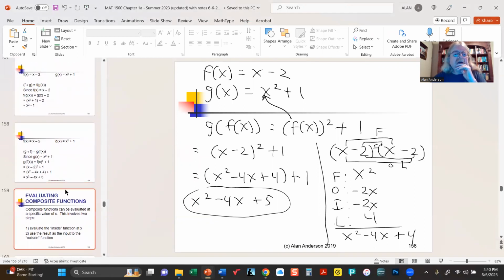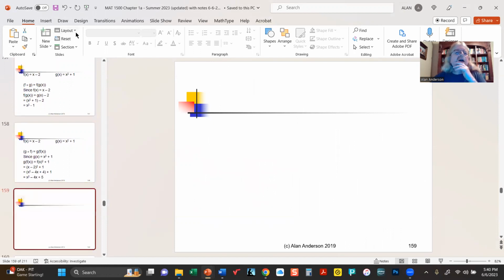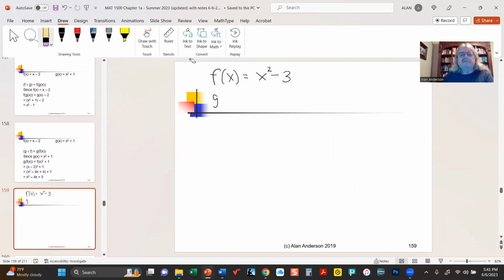So I'll tell you what, just because we could probably stand some practice, let me make up a couple more just so you can see. Let's just say that f of x is x squared minus 3x plus 4. And you know what? Let's make it a little more complicated. Okay.